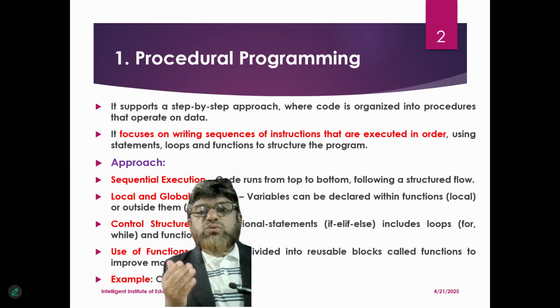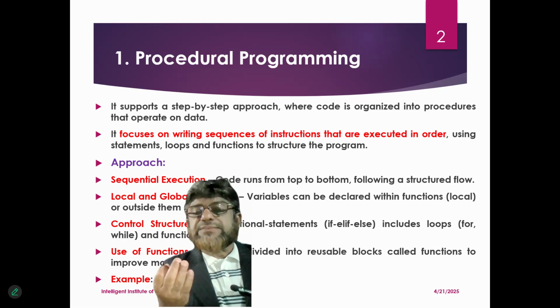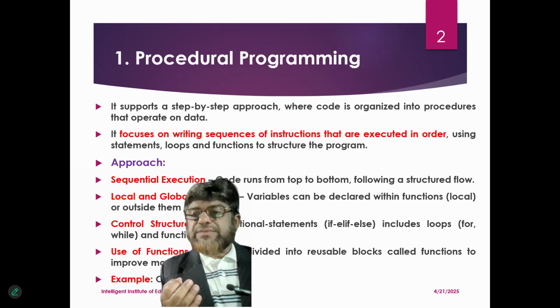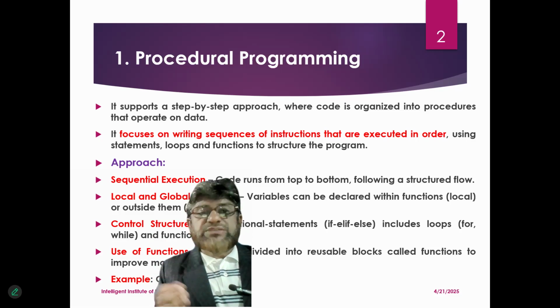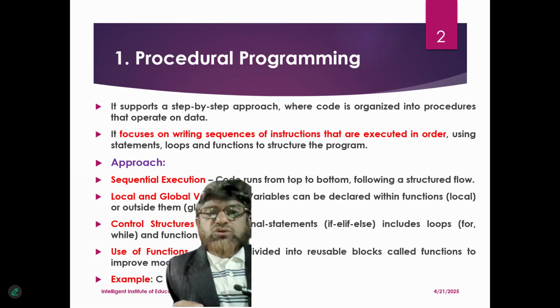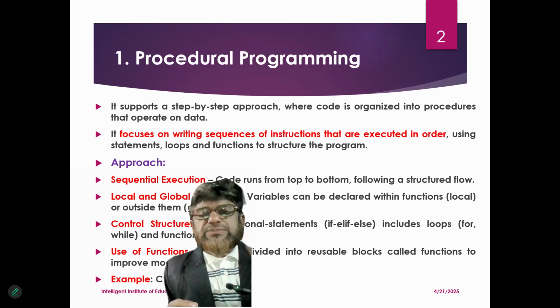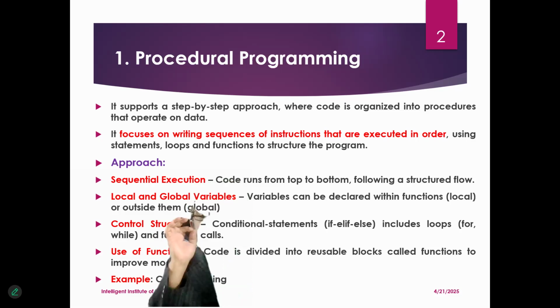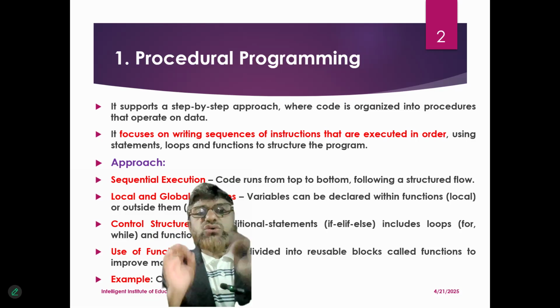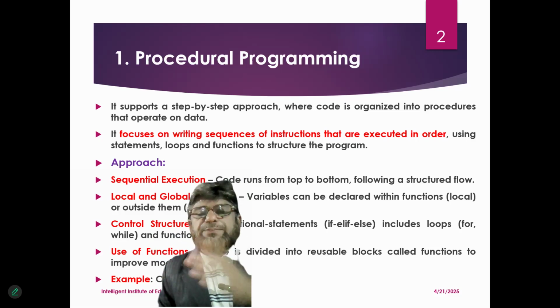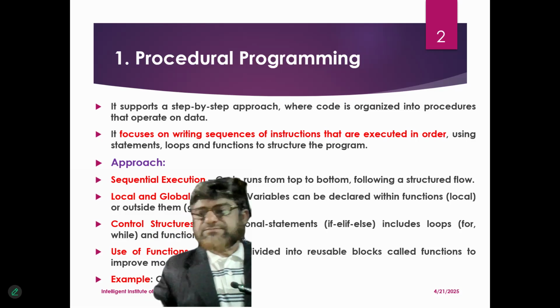And even if we would like to use control structures like conditional statements, if or else statements, loops, for loop or while loop, and function calls, it means that we have to mention each and every piece of data. So this is also called the top-down approach, isn't it?